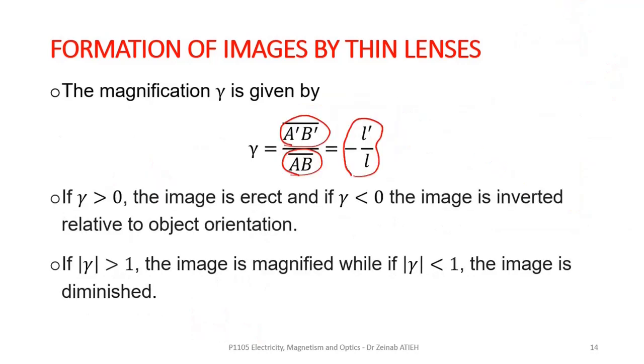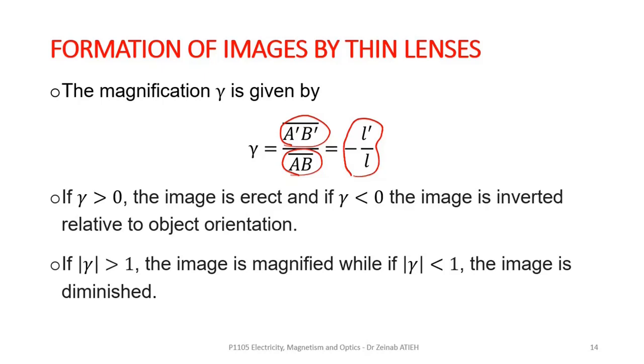We have to memorize it. This is also always true for any lens. Gamma equals minus L prime over L. So if we calculate gamma and gamma is positive, it means that the image is erect. If it is negative, it means that the image is inverted. Inverted means that if the object is upward, the image is downward.